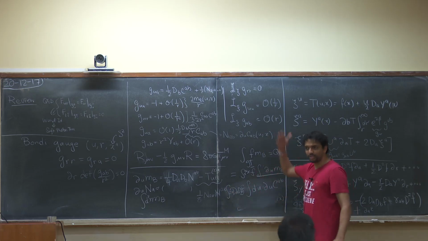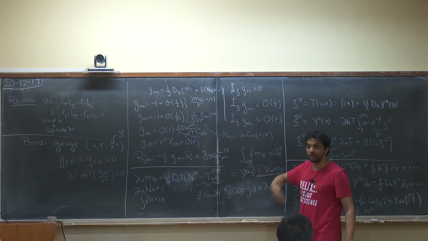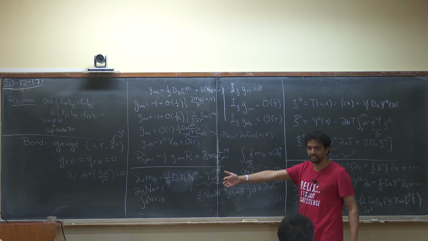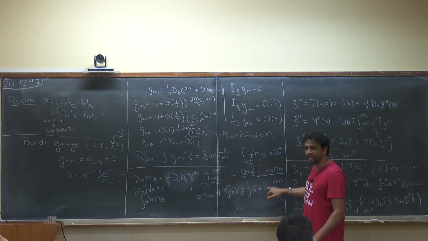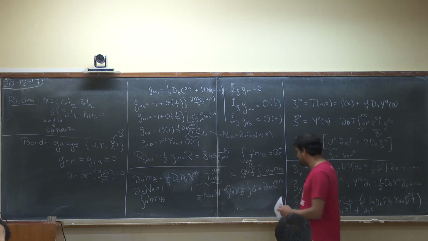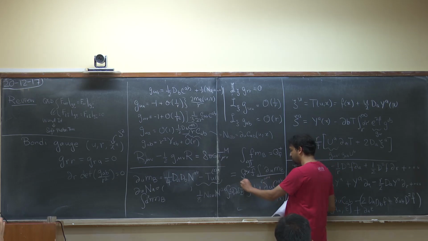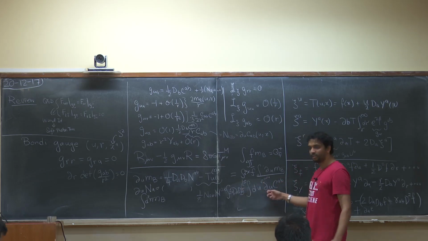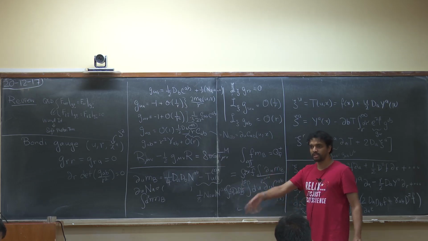So this is going to be the soft charge, the thing that's supposed to insert a soft mode. Just like in the gauge field, this is the u derivative of the gauge field, and then you integrate over all of u. So I can think of this as e^{i omega u}, with the limit of omega goes to 0. The u derivative pulls down a factor of omega, which kills the pole.